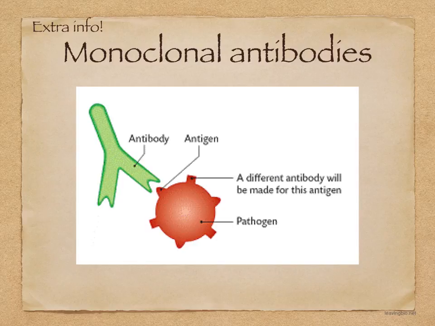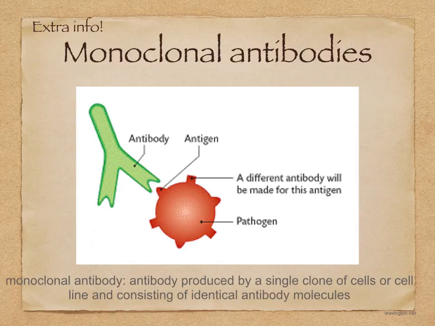In medicine, it's beneficial to produce a single type of antibody from just one clone of B lymphocytes, rather than having a mixture of antibodies. So these are known as monoclonal antibodies. Mono meaning one. So a monoclonal antibody is an antibody produced by a single clone of cells or cell line, and it consists of identical antibody molecules.